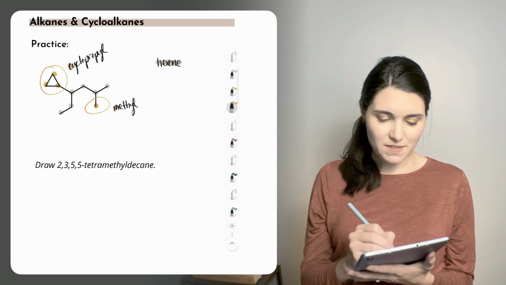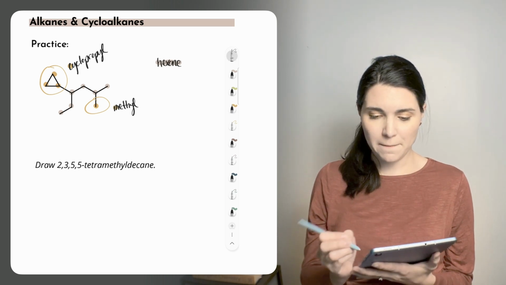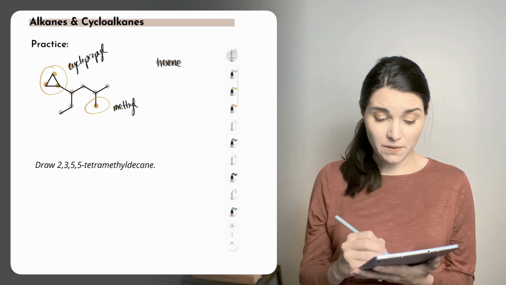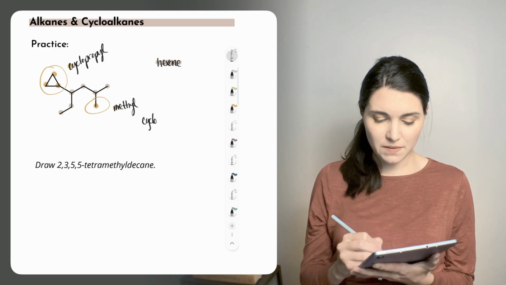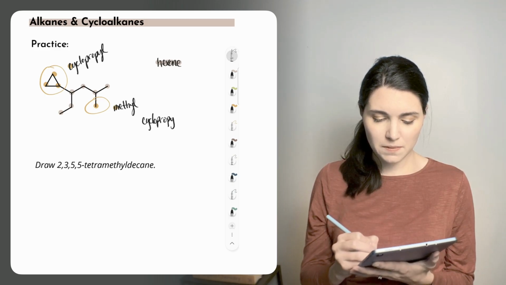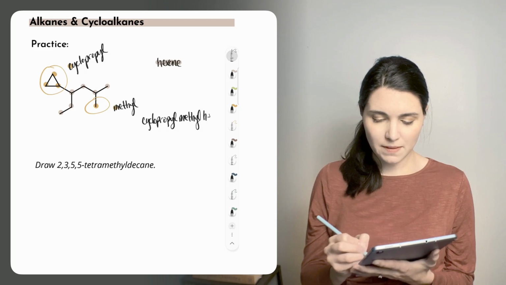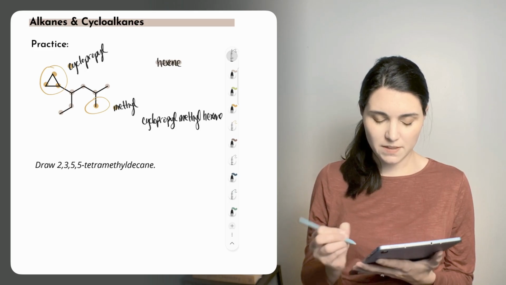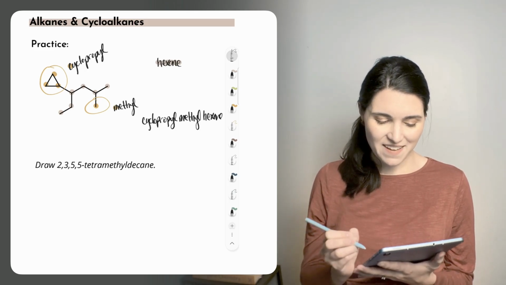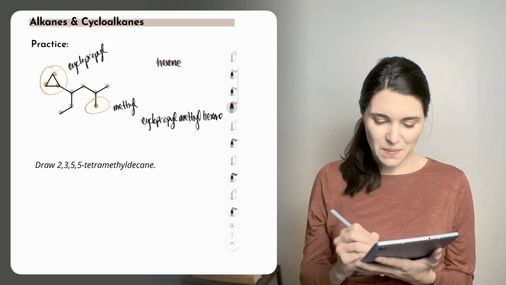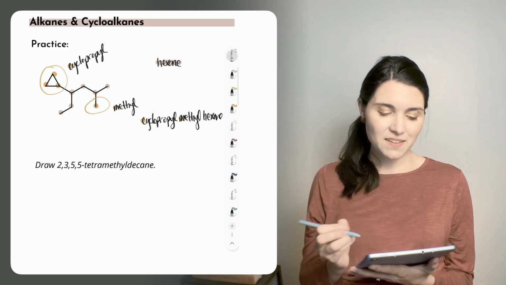So we have C versus M. C comes before M. So we're going to have cyclopropylmethylhexane. Sorry, I had to squish my writing in there. So cyclopropylmethylhexane. And then the locants.